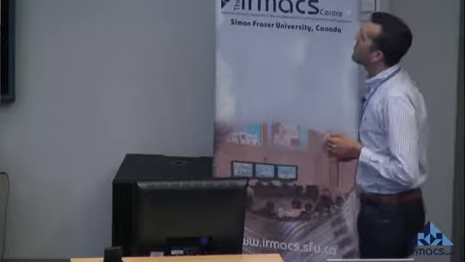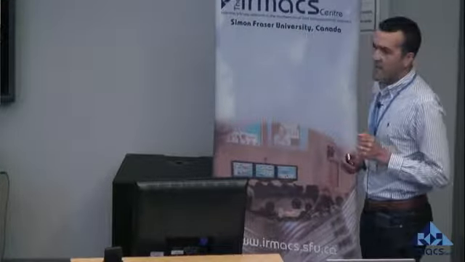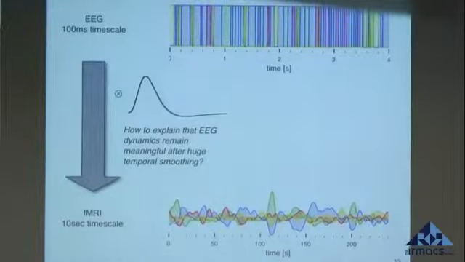How is it possible that there is information that goes between those two timescales that are so different? This is how the hypothesis came that there must be something in the initial EEG microstate sequences that is perhaps a kind of fractal organization. Because if that were true, then if you smooth the signal, you would see the same type of signal at different timescales appearing.